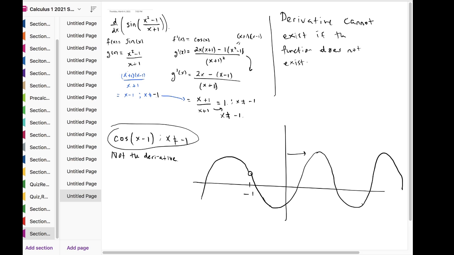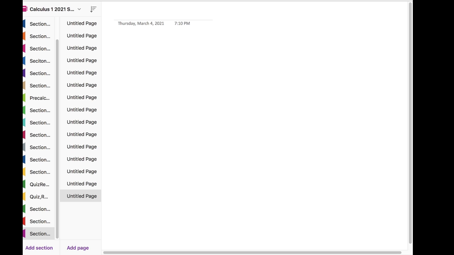Okay, so actually speaking of graphing, next time we're going to be talking about using the derivative to graph. Is that what we're doing next time?